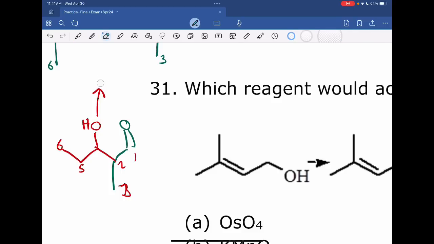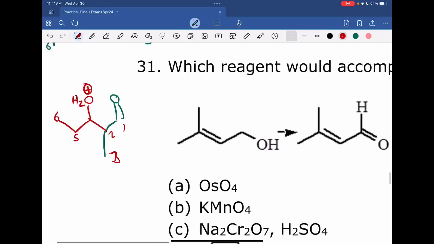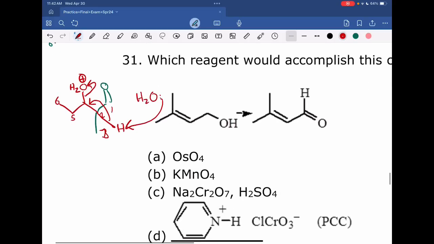So you're going to get H2O plus. And now there is a hydrogen here, which you can eliminate. And that is very favorable because once you do that, you again form an alpha beta unsaturated compound. 1, 2, 3, 4, 5, 6 carbons. And you just make this double bonded here. This should be your product.